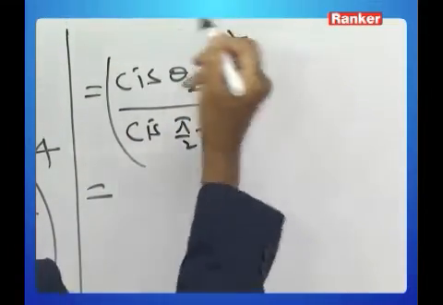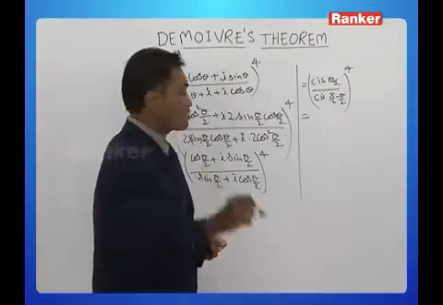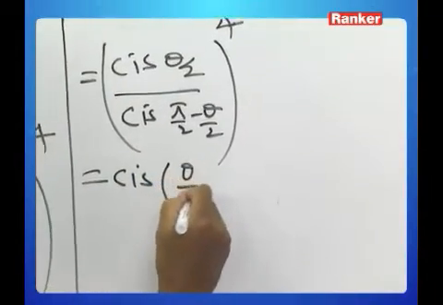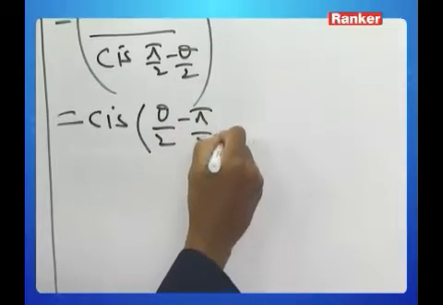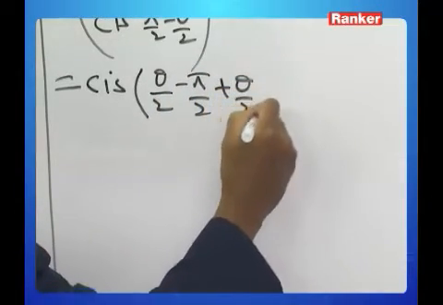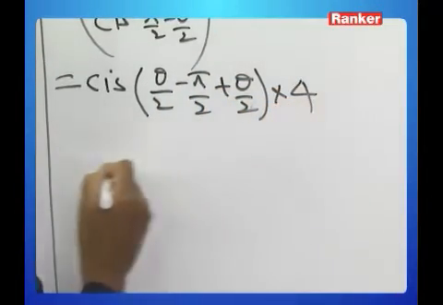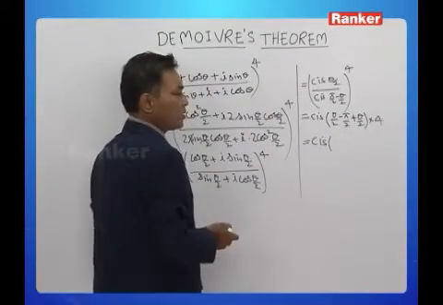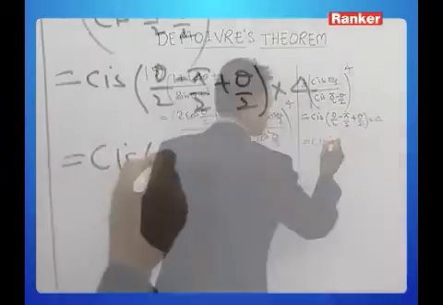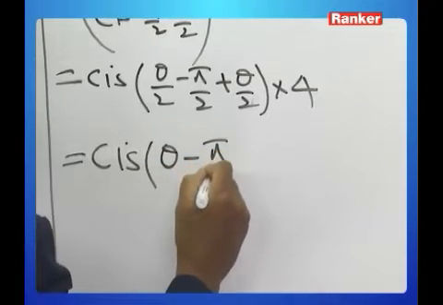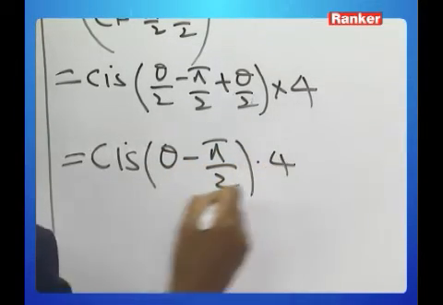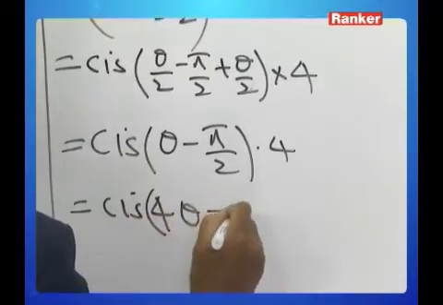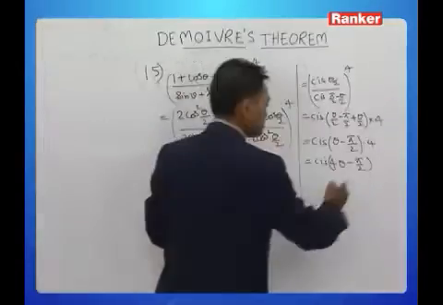cis a by cis b is cis of a minus b. If you subtract, theta by 2 minus pi by 2 plus theta by 2, into 4. Now theta by 2 plus theta by 2 is theta, so theta minus pi by 2, into 4. So you get cis of 4 theta minus pi by 2.